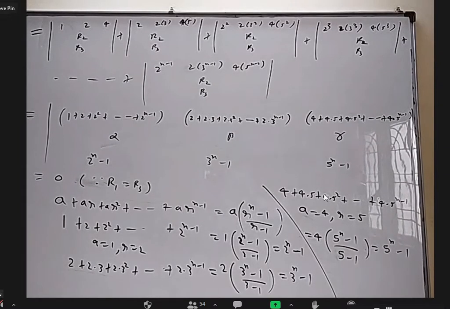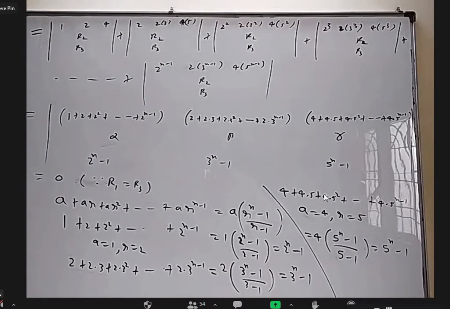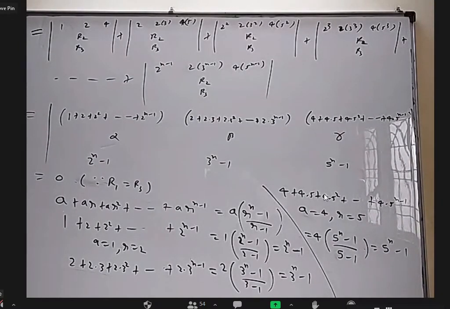Bhavani, are you able to identify the letters? Bhavani, you are there in the class?